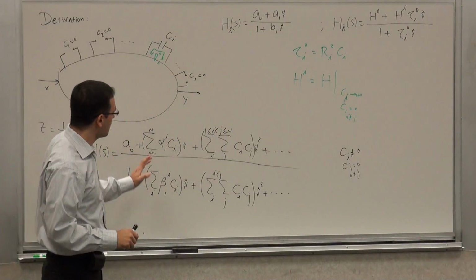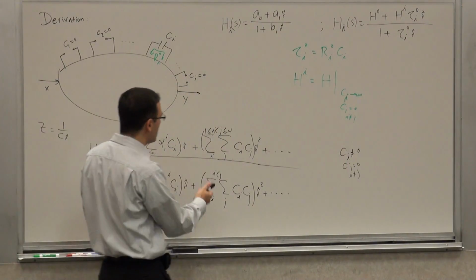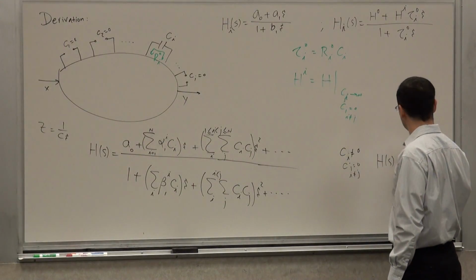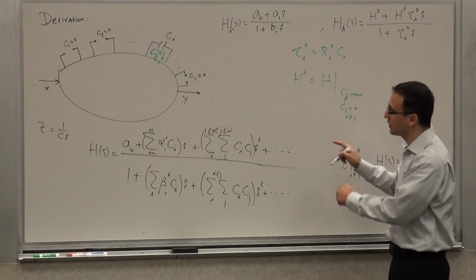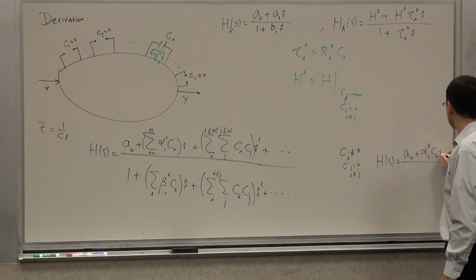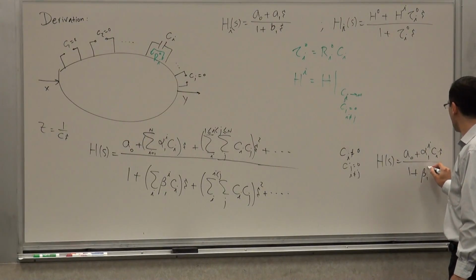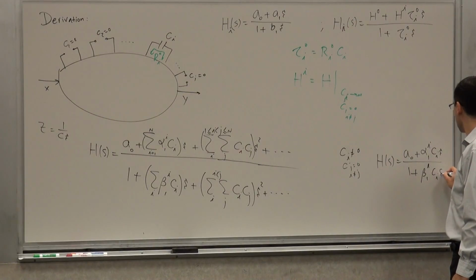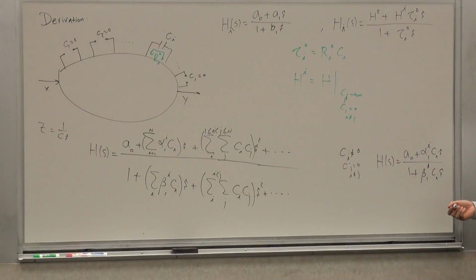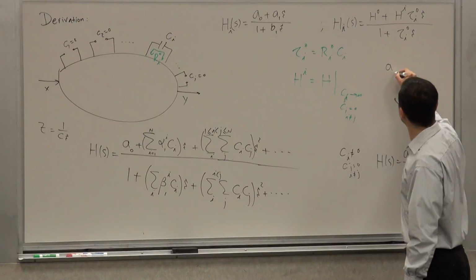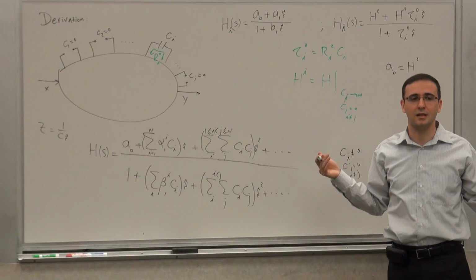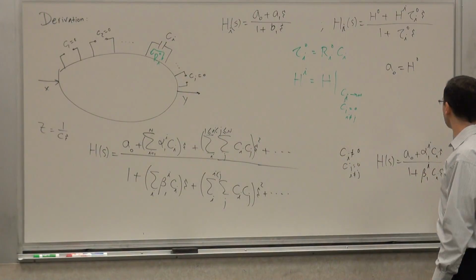Anyway, since we don't have square terms, this reduces to what? The transfer function simply becomes H naught plus, the only term that survives, alpha 1i Ci s, and in the denominator you have beta 1i Ci s. Now, comparing this to that, I can determine what alpha and beta are. Clearly H0 is H naught, which is obvious. When all the capacitors are 0, you should get the zero value transfer function, the DC, the low frequency transfer function, which is fine.